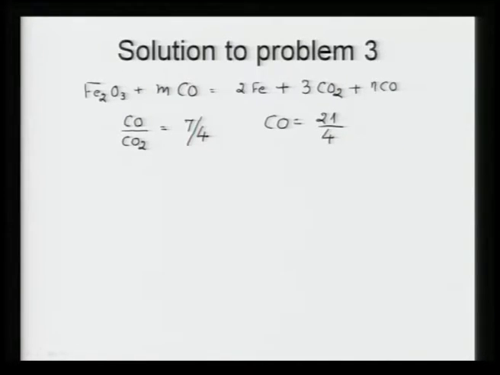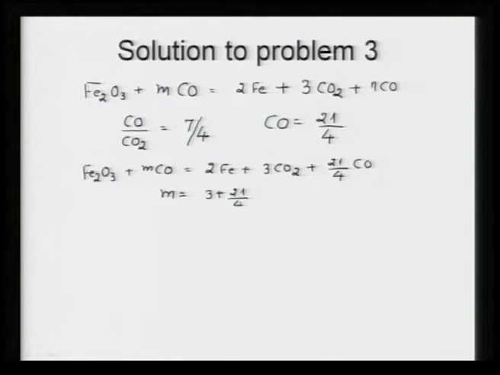So, then we can write Fe2O3 plus M CO is equal to 2Fe plus 3CO2 plus 21/4 carbon monoxide. With this we can get M equal to 3 plus 21/4, which is equal to 33/4.